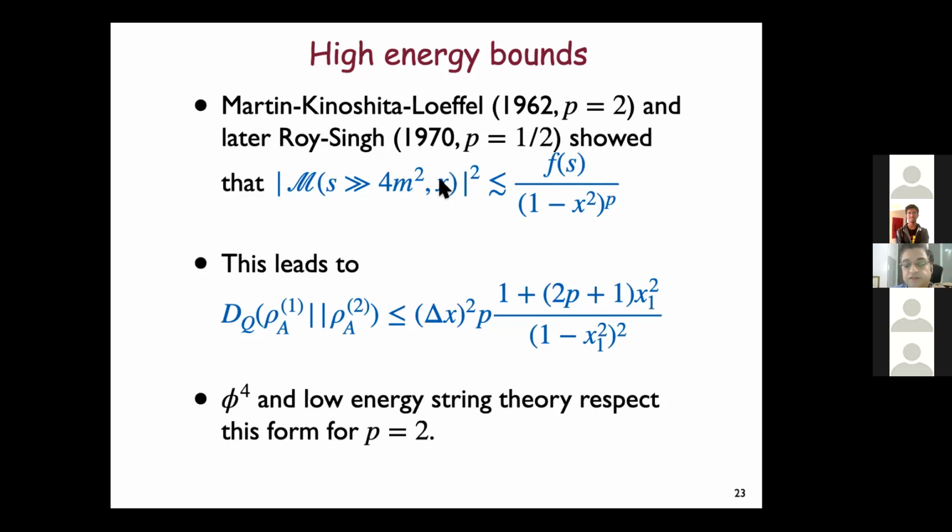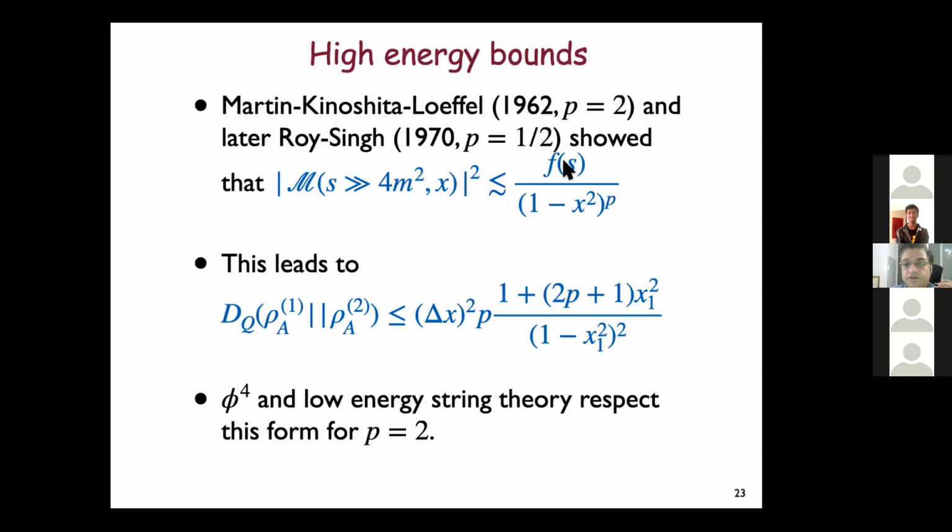So x is fixed. x means cos theta, so theta is fixed. But high energy means the Mandelstam invariant s is much bigger than 4m squared, where m is the mass of the external state particle. People have shown that this takes on this sort of general form.